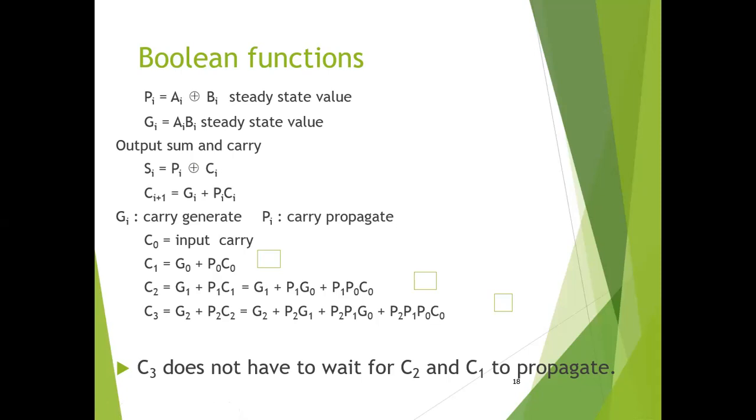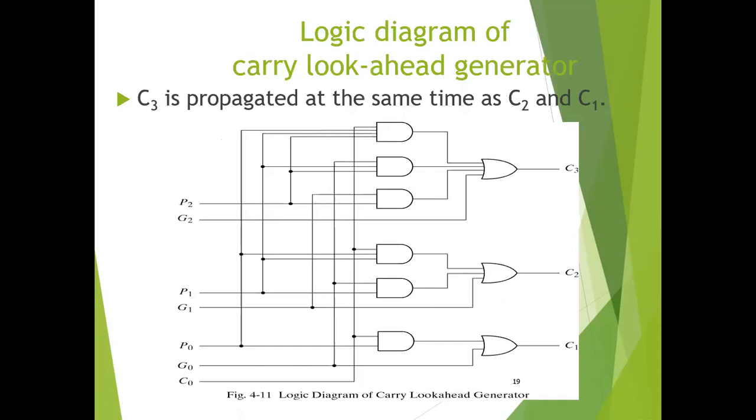We can see the construction of the 4-bit adder with the carry lookahead scheme in this logic diagram of the carry lookahead generator. C3 is propagated at the same time as C2 and C1. Each sum output requires two exclusive OR gates.